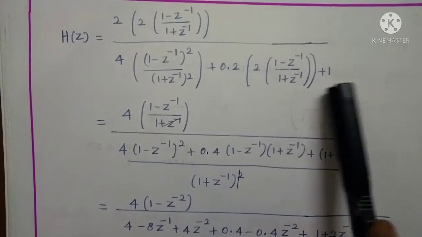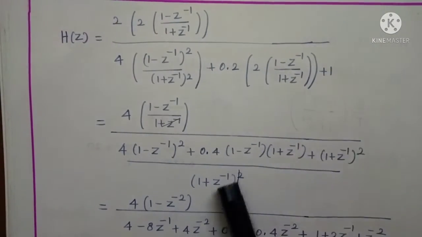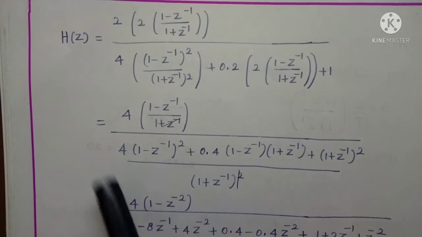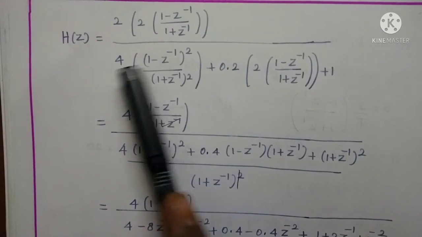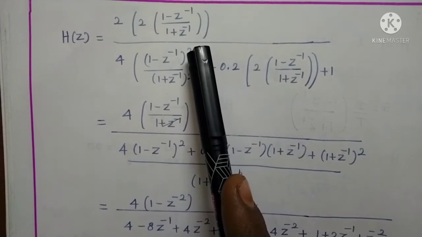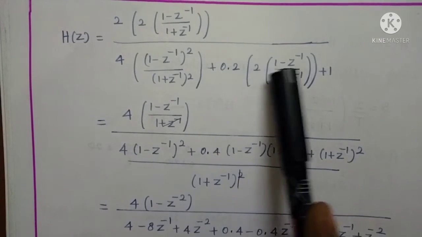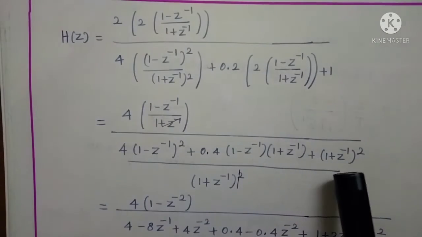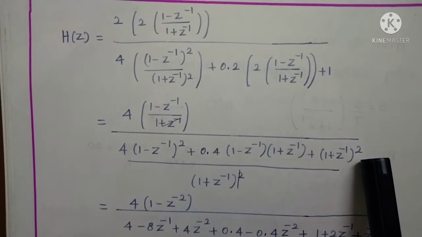In the denominator we have no terms, so multiply 1 by 1 plus z inverse the whole square. So we will get 4 into 1 minus z inverse the whole square plus 0.2 into 1 minus z inverse into 1 plus z inverse plus 1 into 1 plus z inverse the whole square.